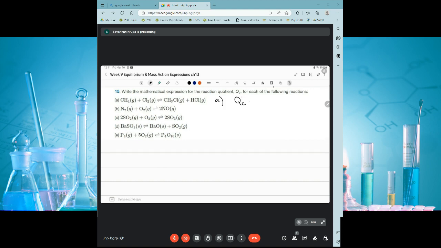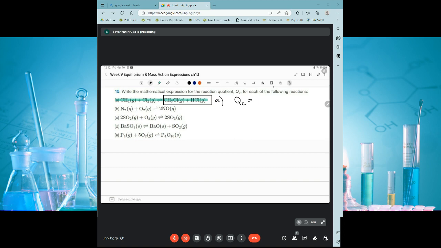So we have Kc, or Qc, and it'll be the products raised to their coefficient and then multiplied by each other, and then all divided by the reactants raised to whatever power they need to be for their coefficients. So specifically for A, because the products are going to be right here, that's going to be on the top part of the equation.